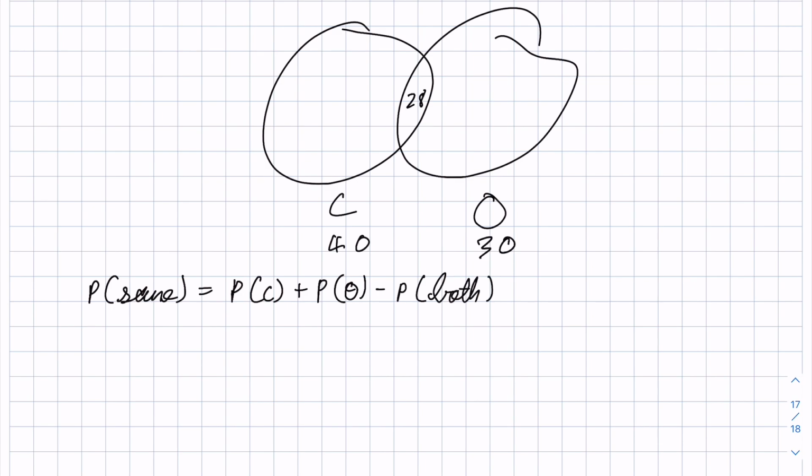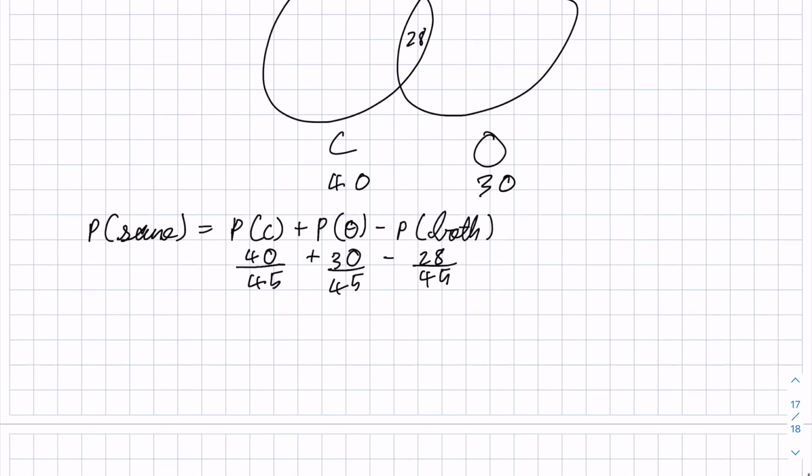Probability of coffee is 40 out of the total 45 customers plus the 30 for orange juice out of the total 45 customers minus the insane human beings that chose both, which is 28 over 45. I don't know why I have such extreme ideals for these kinds of math problems, but I do.